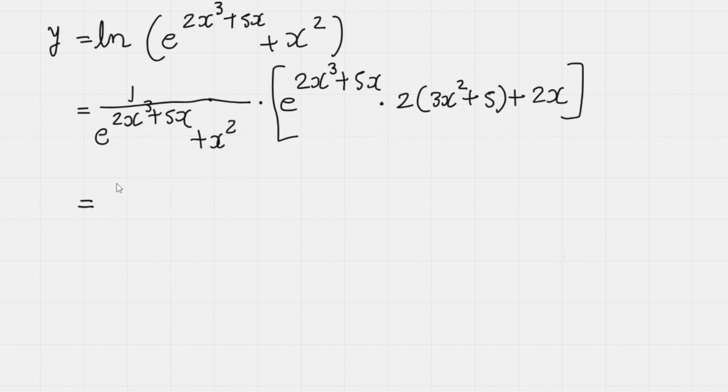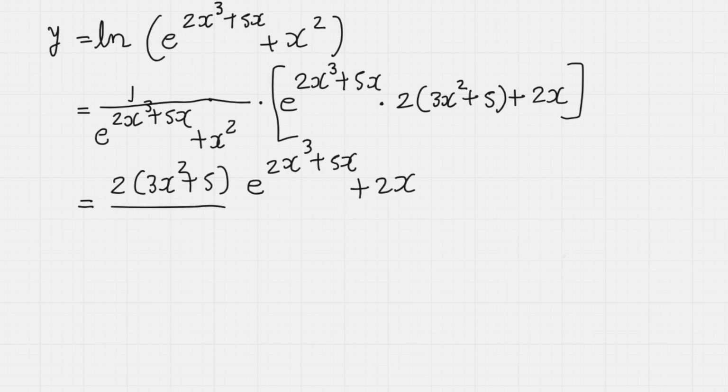So it will be 2(3x² + 5) e^(2x³+5x) + 2x, all divided by e^(2x³+5x+x²). This is the final answer.